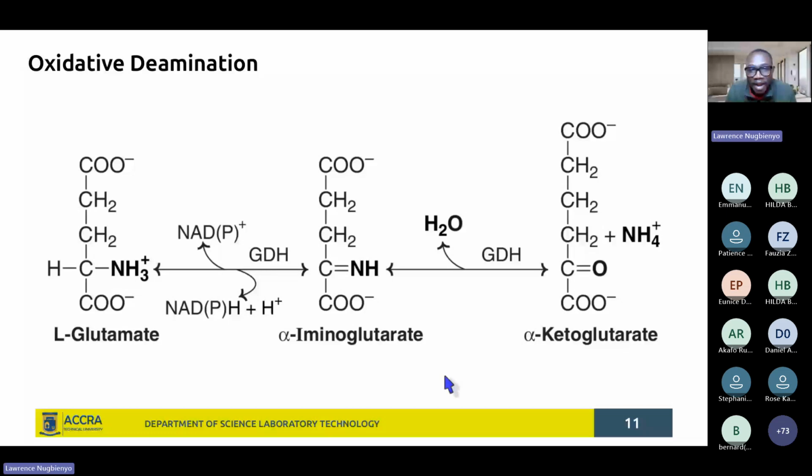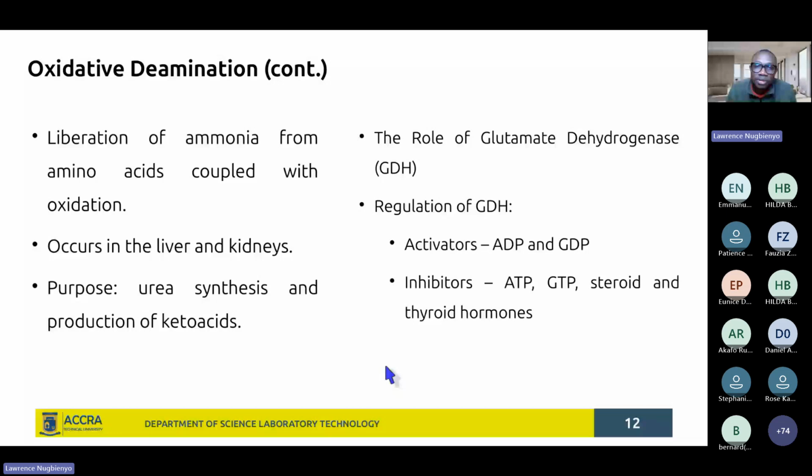Right. Now, oxidative deamination occurs in the liver and in the kidneys. I just talked about the storage of carbohydrates and lipids in the liver, and you have these amine groups that are removed in the form of ammonia.